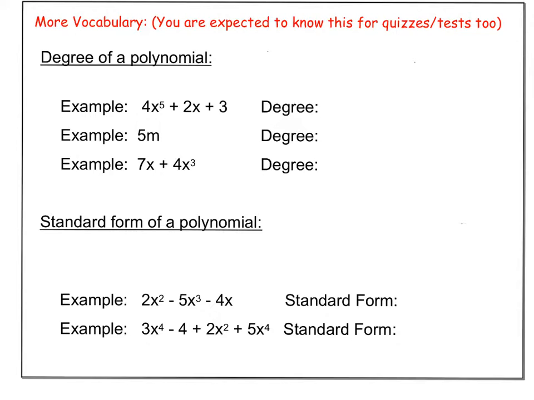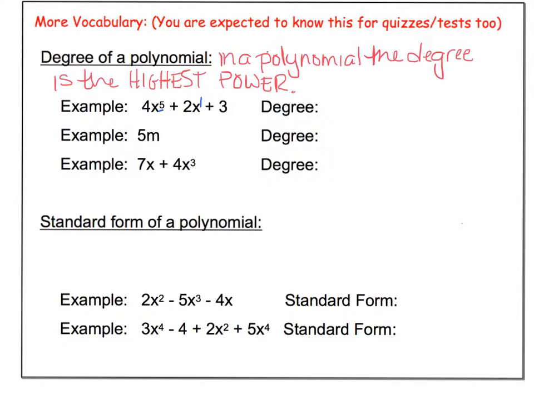Alright, well, let's look at these 3 examples and determine what the highest power is. I'm starting off by looking at this one here. I have 4x to the 5th plus 2x plus 3. And so my powers or exponents are 5, and here's a 1, and this doesn't have 1. And so my highest power is the power of 5, and so we would call this a degree 5 polynomial.